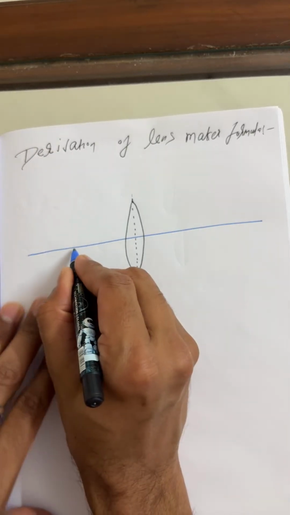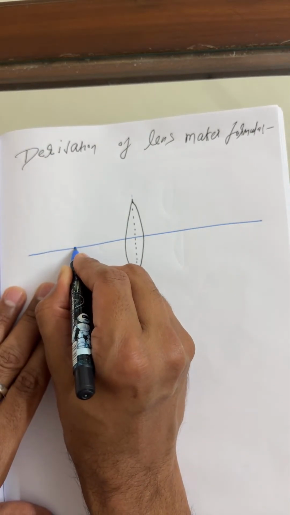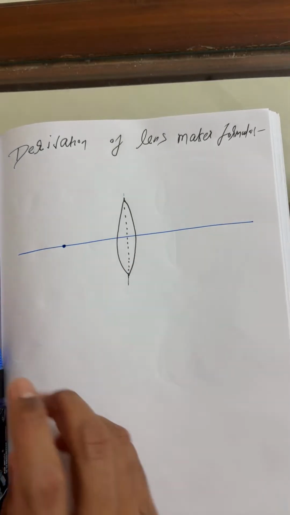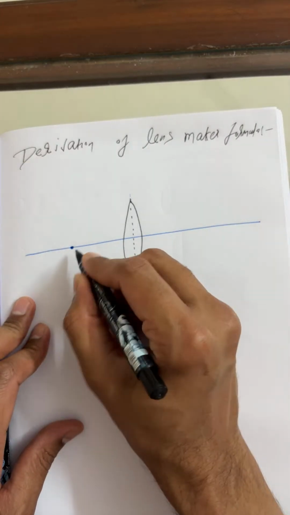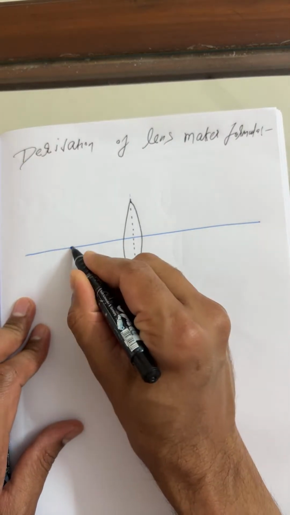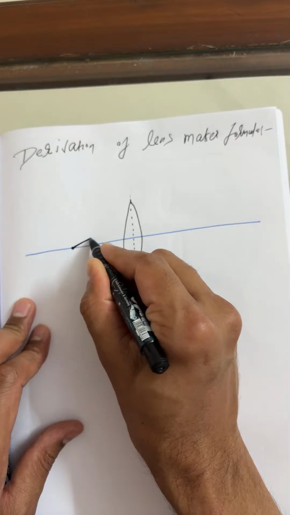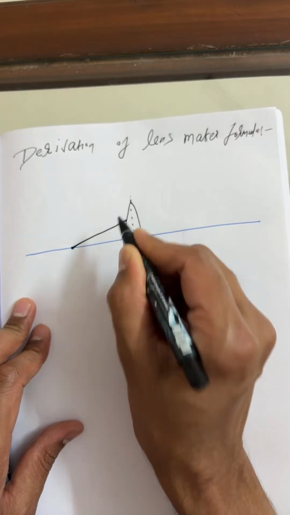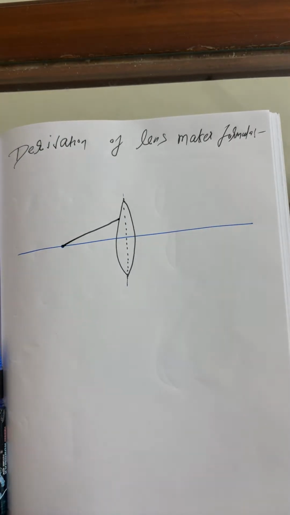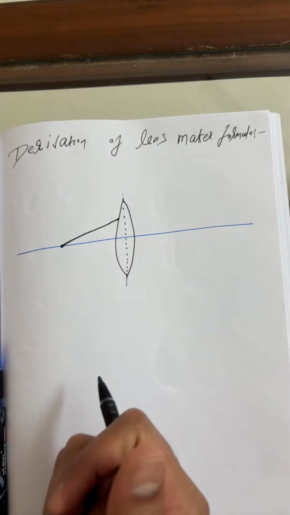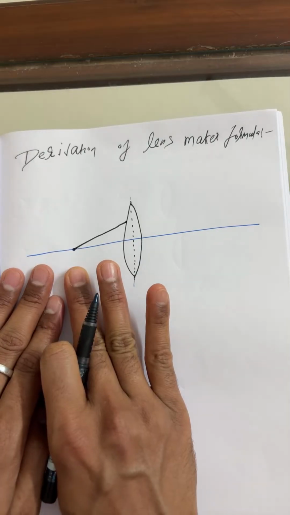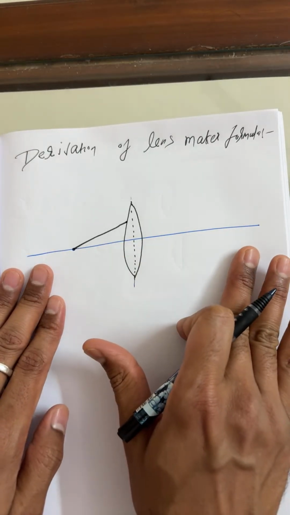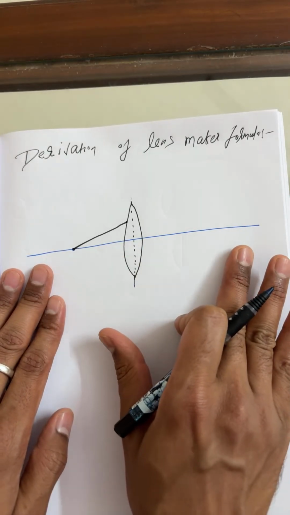Okay. So the object is here. Here, students, I'm considering a point object. So the rays from the object fall on the lens. I hope all of you remember refraction, rarer to denser. The refractive index of air is equal to 1. This side also, mu is equal to 1.